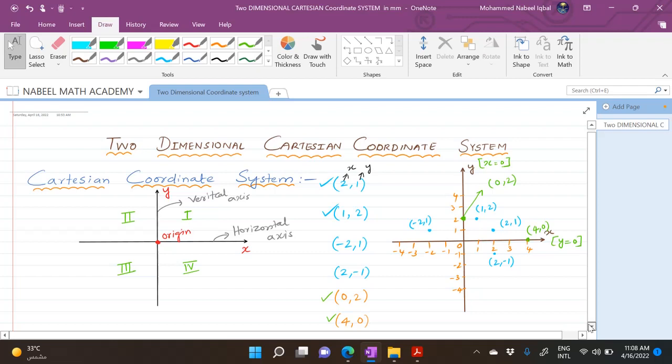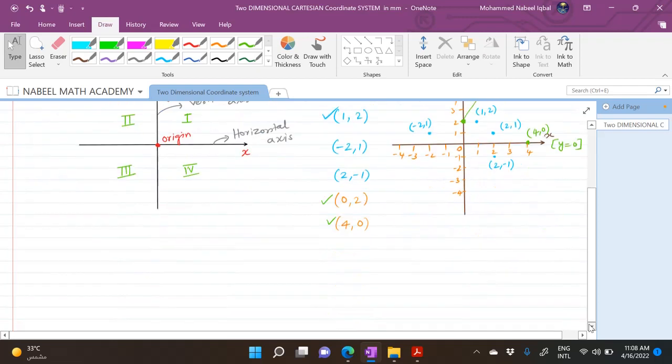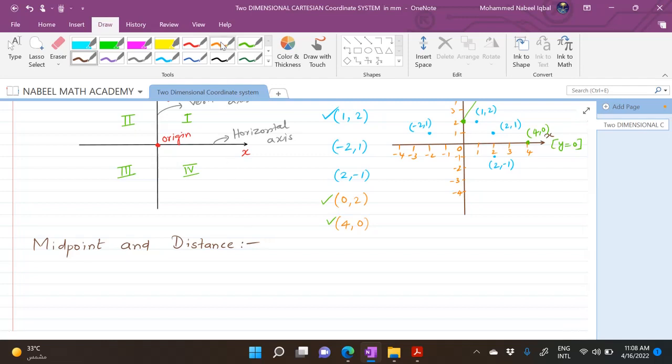The next one we will discuss is the midpoint and distance. We can calculate the midpoint of two given Cartesian coordinates, and the distance we can calculate. So the formula is given here.